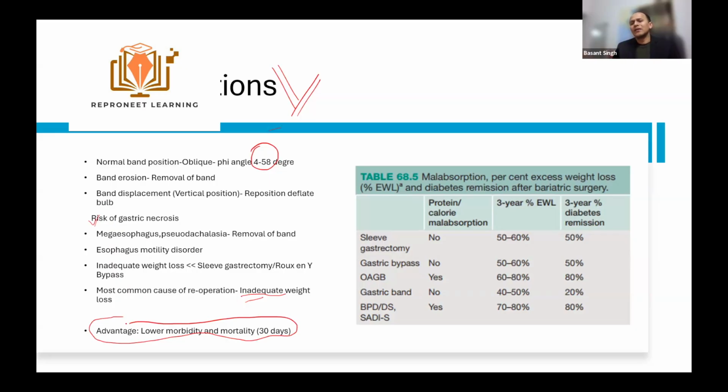But if you compare all these interventions, gastric band has the least weight loss. Three-year weight loss is 40 to 50%, others are 50 to 60%. Highest is with one anastomosis gastric bypass or BPD, the biliopancreatic diversion, at 70 to 80%.